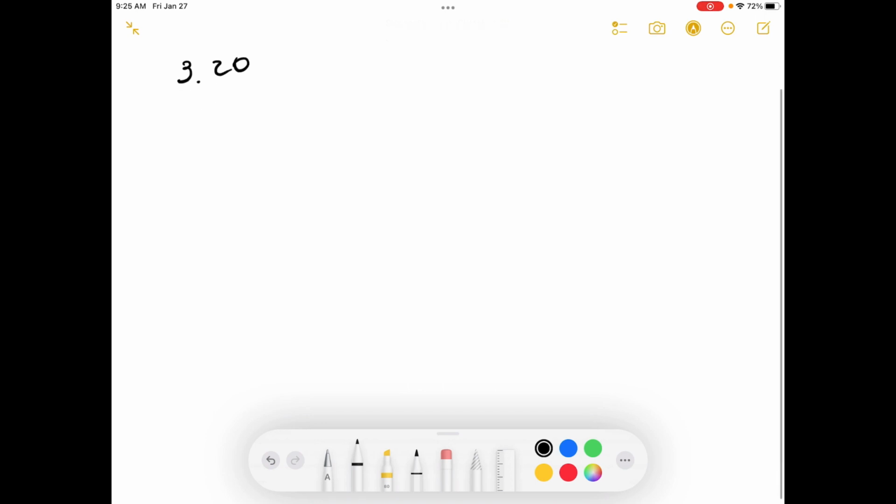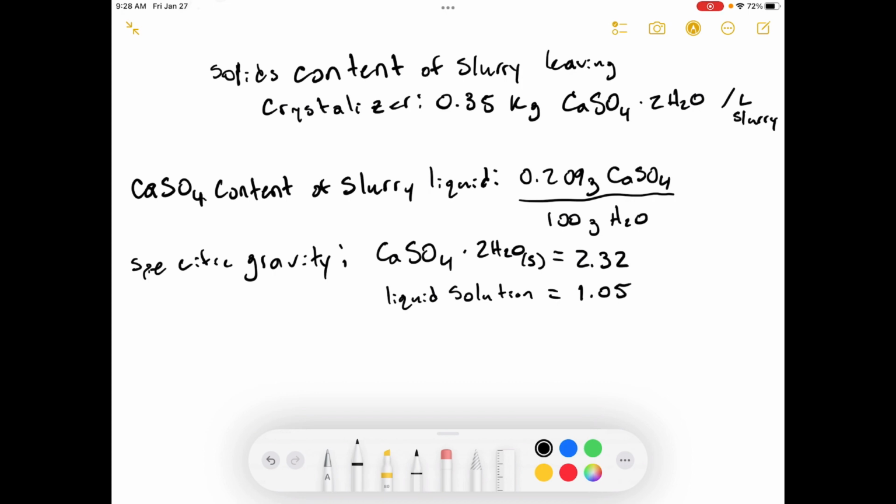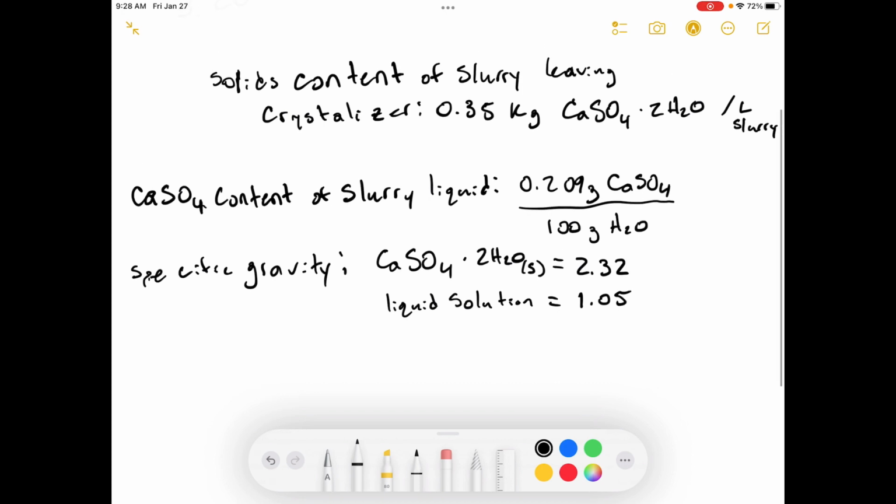Okay, 3.20. So we've got the solids content of slurry leaving the crystallizer. That's 0.3 kilograms of gypsum per liter of slurry. Then we've got the calcium sulfate content of slurry liquid.